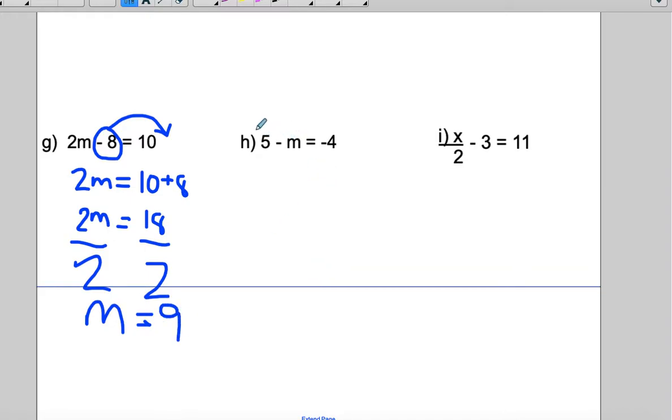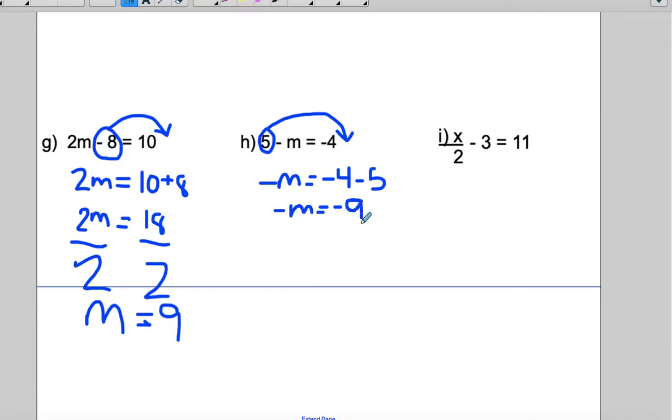This question, we're going to send the 5 over. So this question's kind of interesting because we're going to have m alone, but it's negative. So don't forget about that negative m. And then we're going to have negative 4 minus 5. So negative m is equal to negative 9.